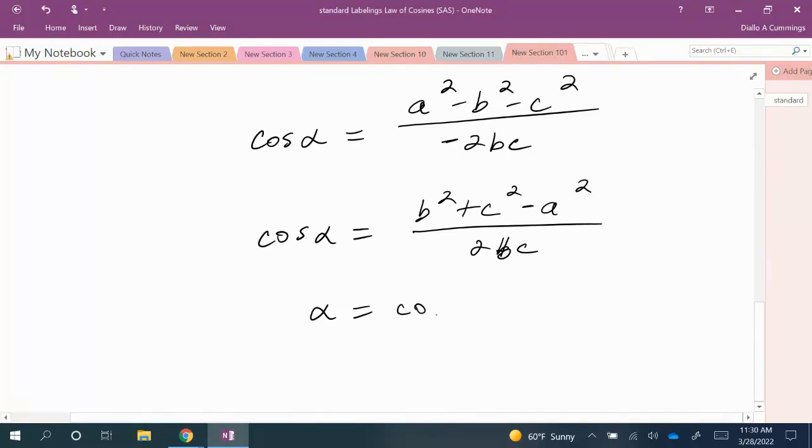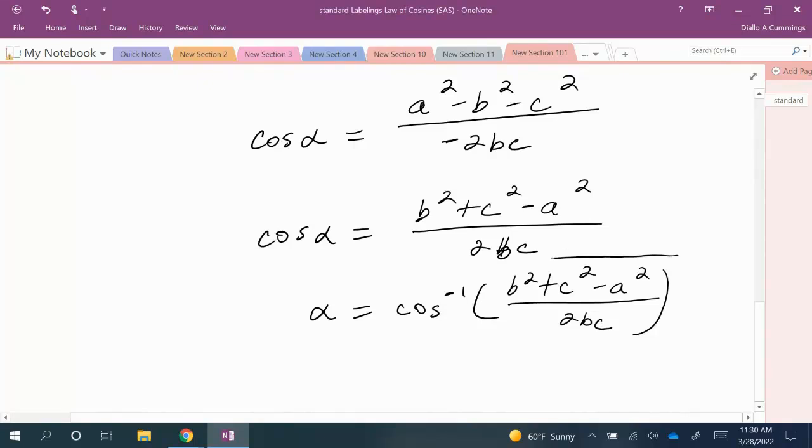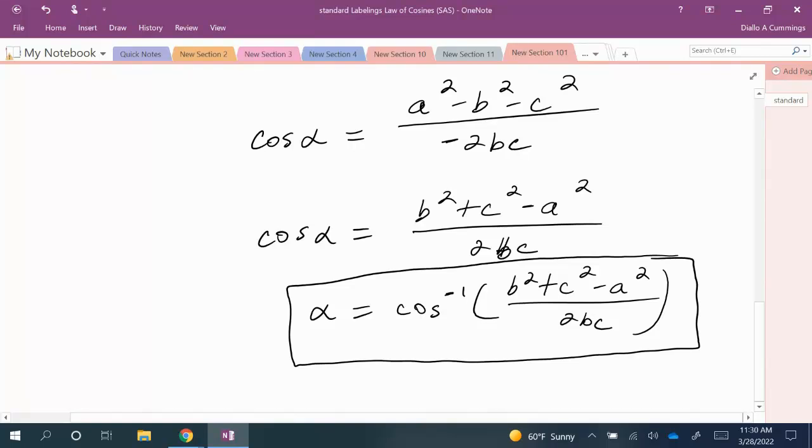Taking the arc cosine of the right-hand side leaves me with the arc cosine of B squared plus C squared minus A squared over 2BC. And this is our second formula.